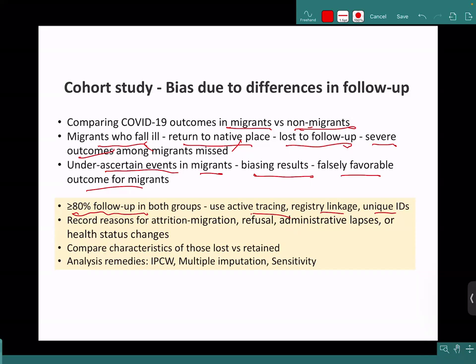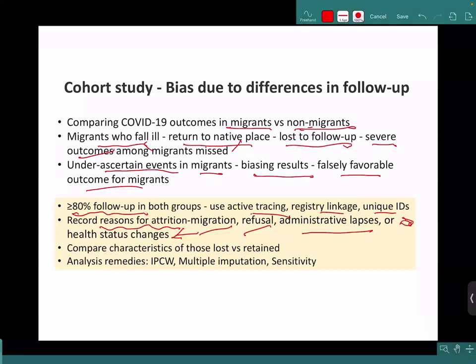Then, if there is attrition, that is loss to follow-up in a cohort or intervention study, you have to make an attempt to find out the reasons for attrition: whether it was migration, refusal of the participants, administrative lapses, or health status changes, that is, people lost their memory or reached a status where they could no longer actively participate in your study. What were the reasons for loss to follow up? This is important. I'll tell you why.